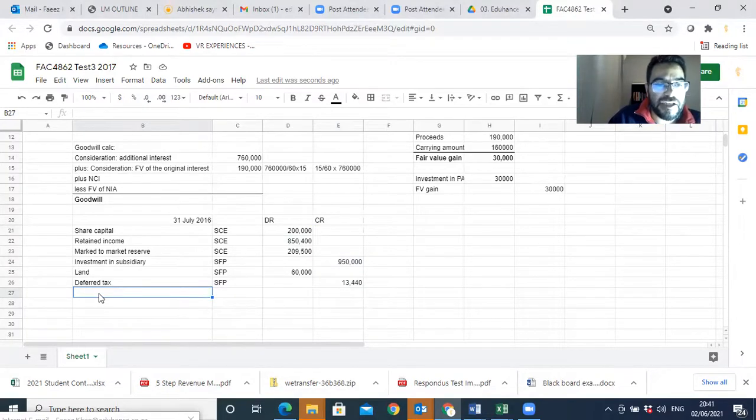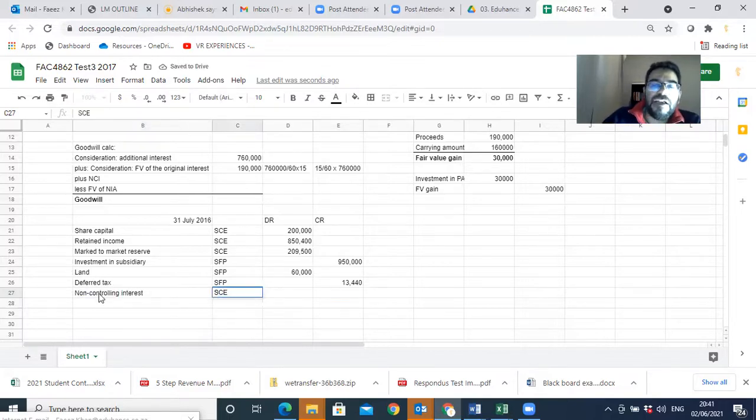Because remember, NCI is only as a result of consolidation. So you have to recognize non-controlling interest. Non-controlling interest is equity. So we'll say SCE. NCI is equity. We're recognizing it for the first time. So therefore, equity is increasing. Equity increases on the credit side. So we have to work out the credit.